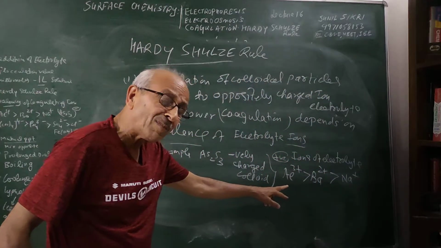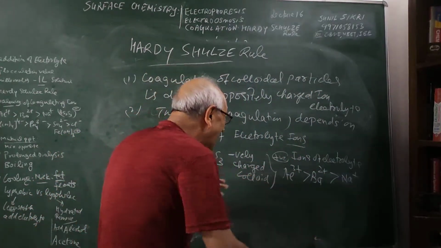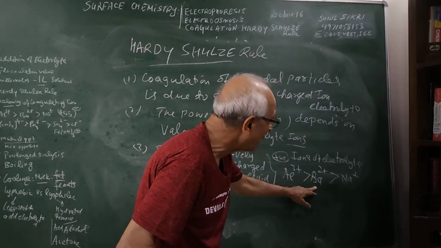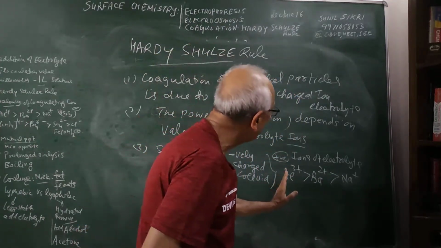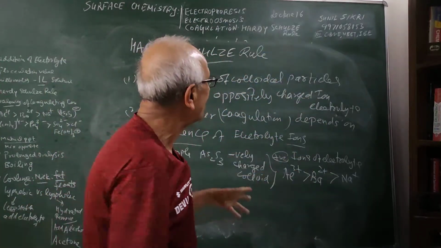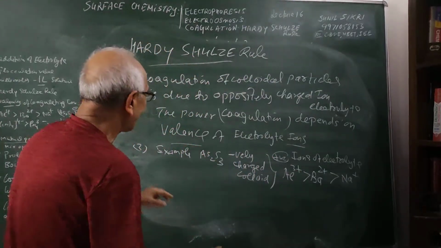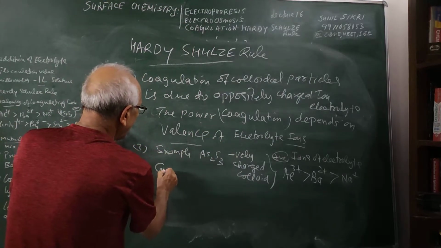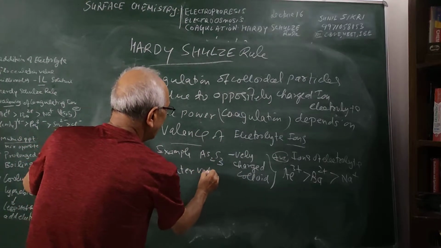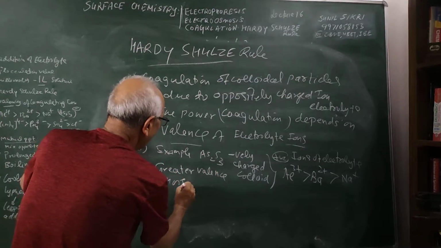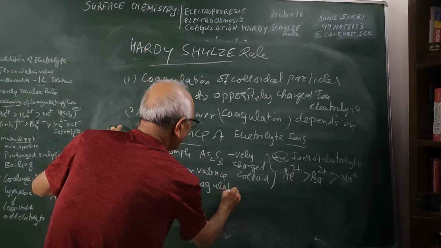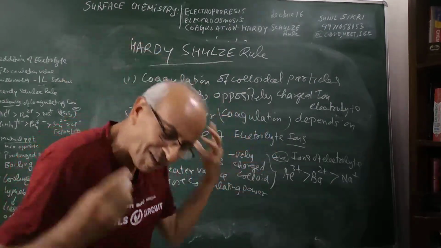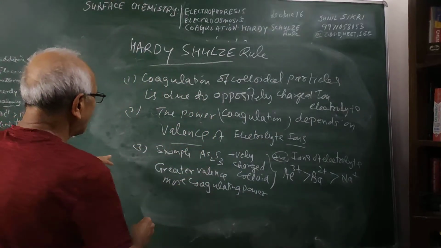The valence of aluminium is 3+, so it is even more than 500 times more powerful in terms of coagulation than Ba2+, and the minimum is Na+, because the greater the valence, the more the coagulating power. The power depends on the valence. Greater the valence, more coagulating power, and lesser amount of electrolyte will be required.